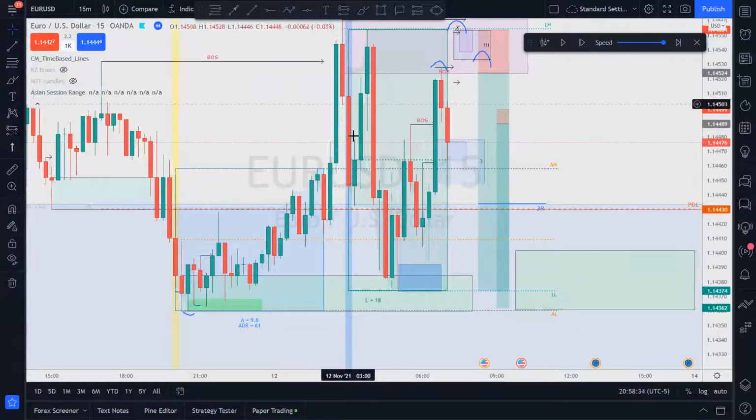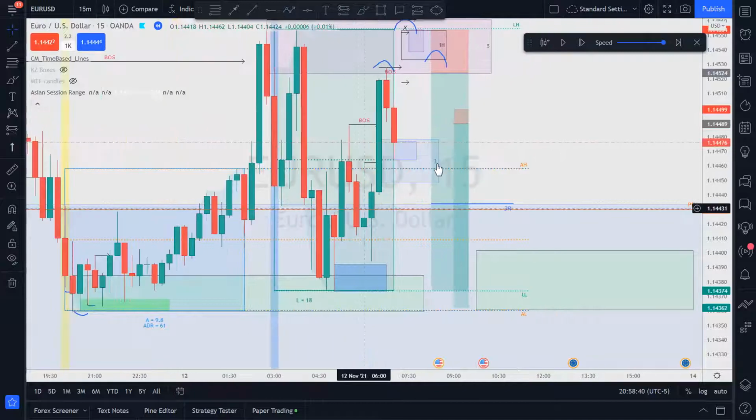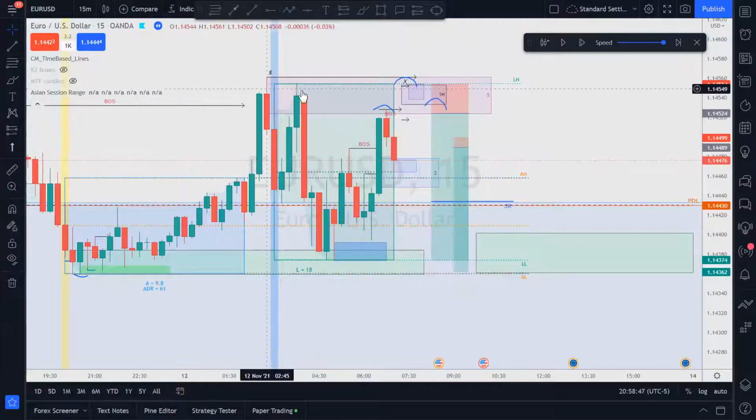You see that when London starts, this blue line represents the start of London, price went up, came down and double topped up here, in this bearish order block, in supply. It came back to mitigate this supply, this order block. It formed a bearish engulfer, a very strong one, obviously very aggressive.